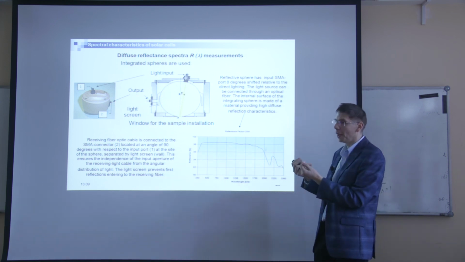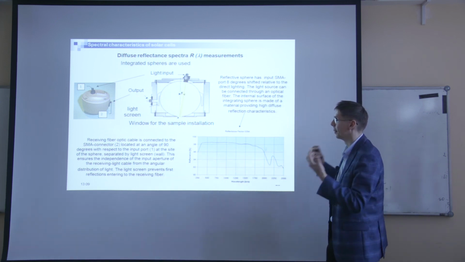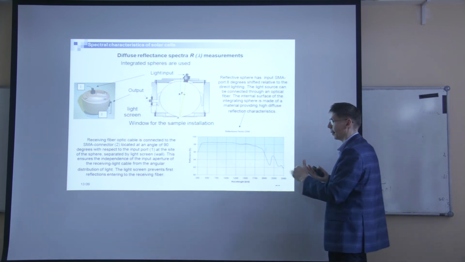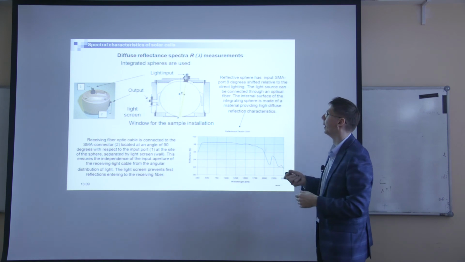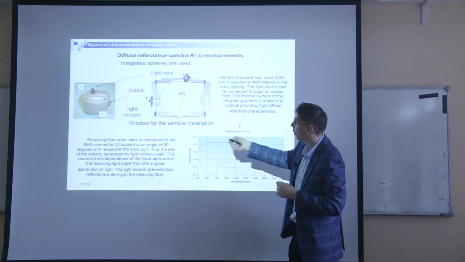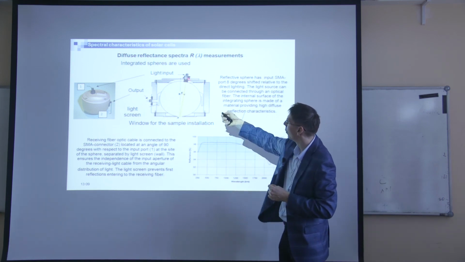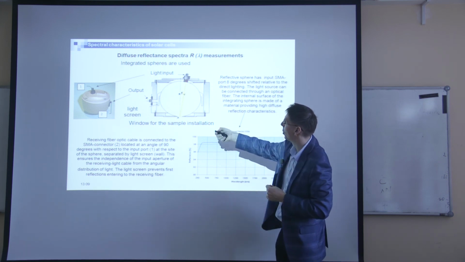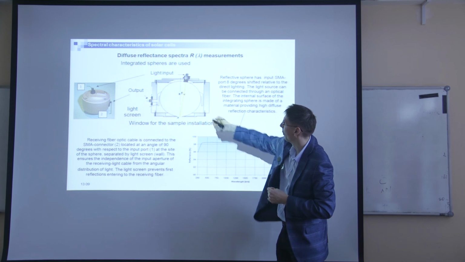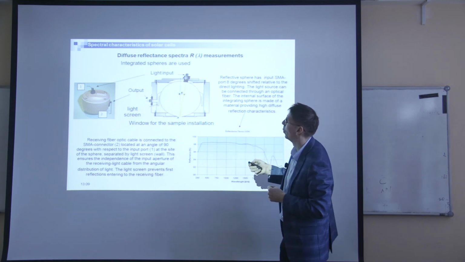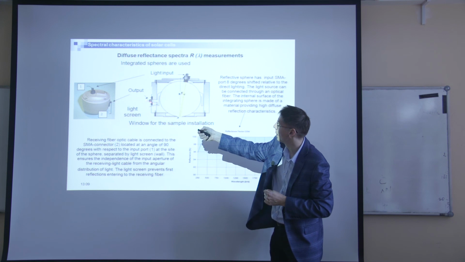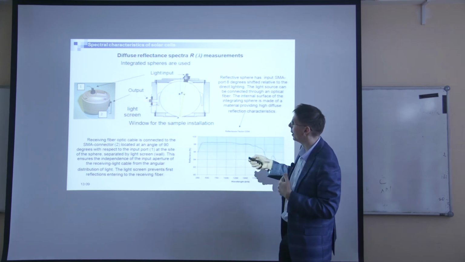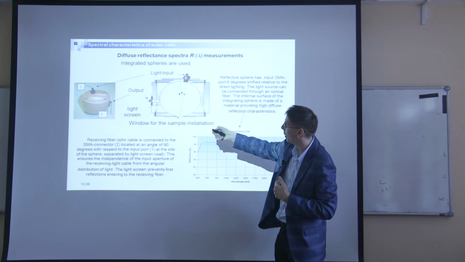So it's like a white surface, which doesn't have any mirror reflection. And so you place the sample here. You pass the light, and then instead of measuring just the mirror reflection, you measure the light which comes out from this, and actually the idea is you have some optical trap.